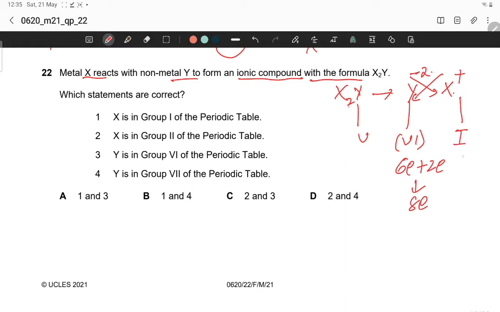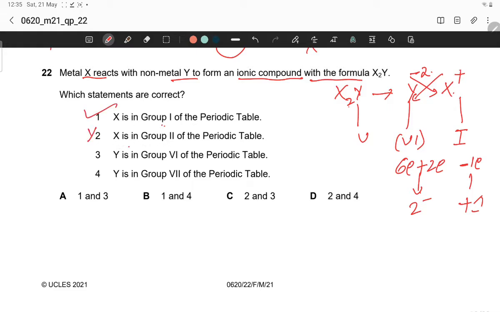So losing 1 electron, carrying plus 1 charge. Gains 2 electrons, 2 minus. So X is in group 1 of the periodic table, correct.